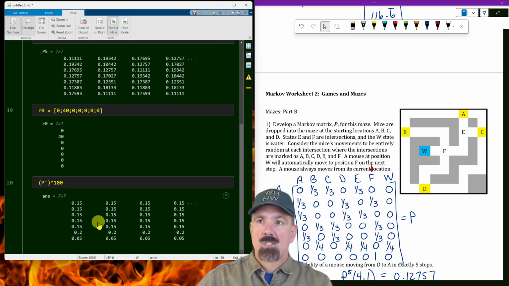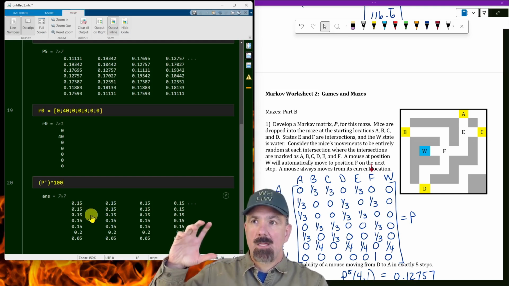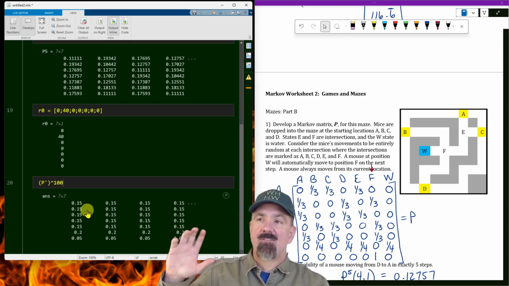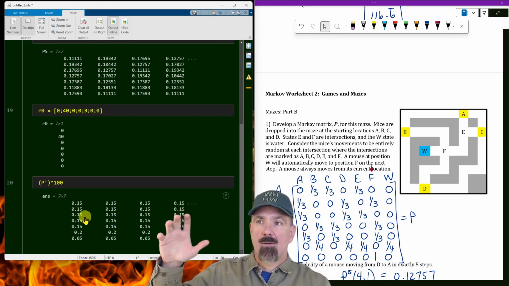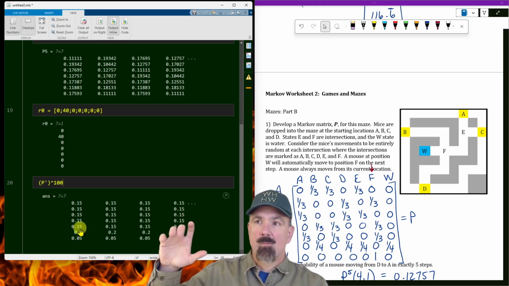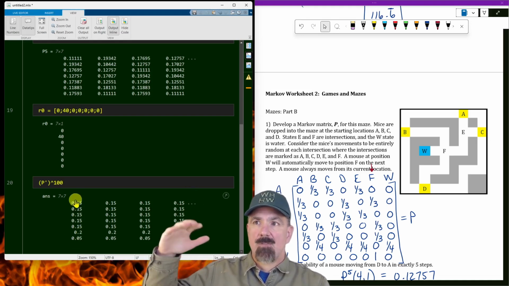Okay, so here's the matrix, and we can see at equilibrium, no matter how many mice we have, we're going to have 15% of the mice in A and 15% in B, etc. 20% of them, right? So we got 10, 20, 30, 40, 50, 60, 70, 80, 90. That's 100% of the mice that are accounted for in this situation.